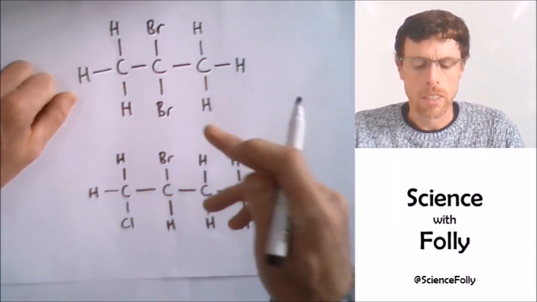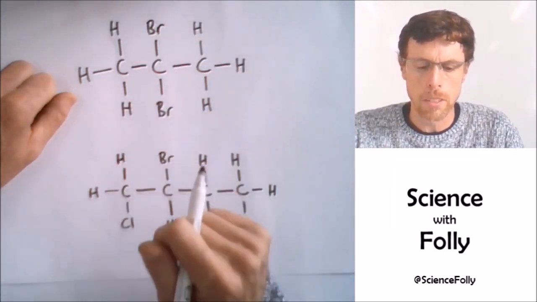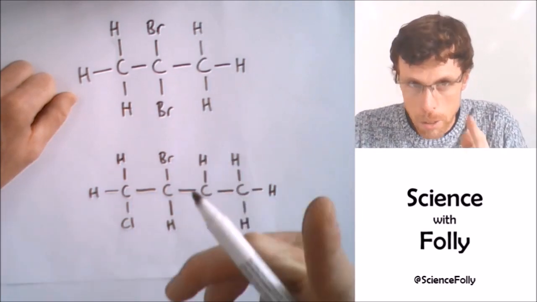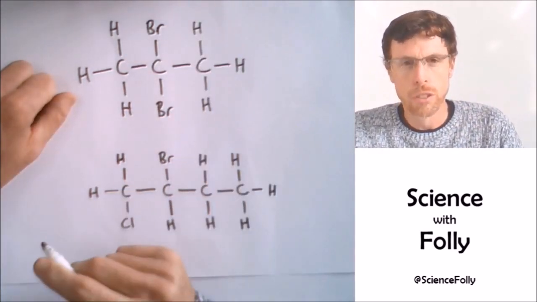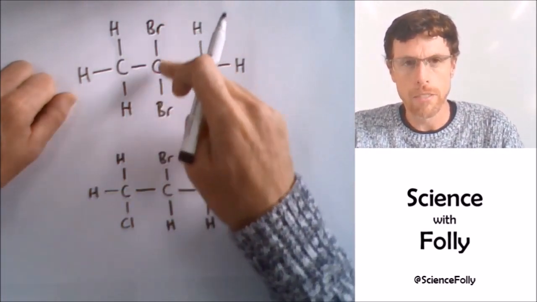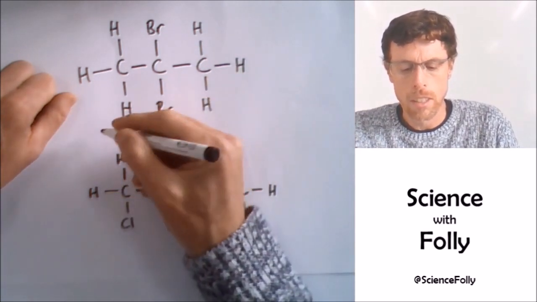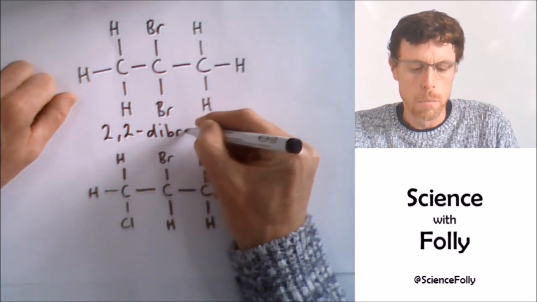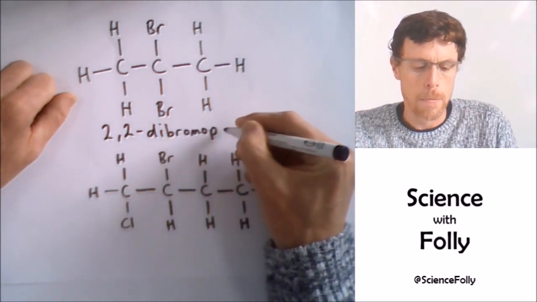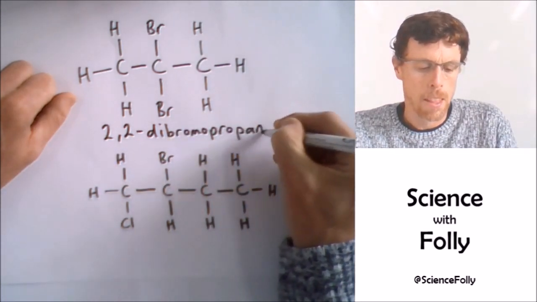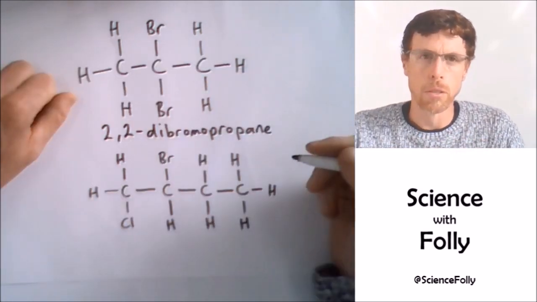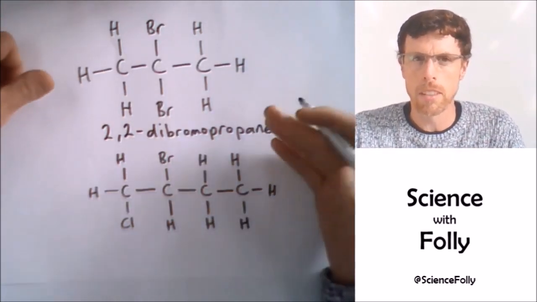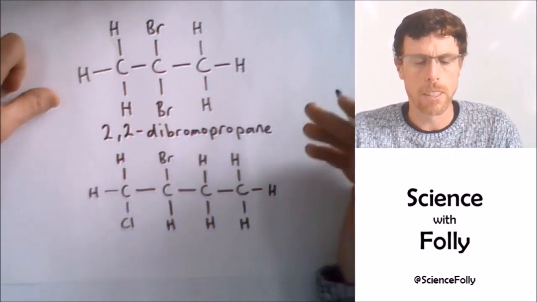How about these two? This one here, it's got 3 carbons, so it's going to be propane, and it's got 2 bromines. Therefore, we are going to call this 2,2-dibromopropane. Follows the same rules as when we have branch chains like methyls and ethyl groups coming off them. Pretty easy.